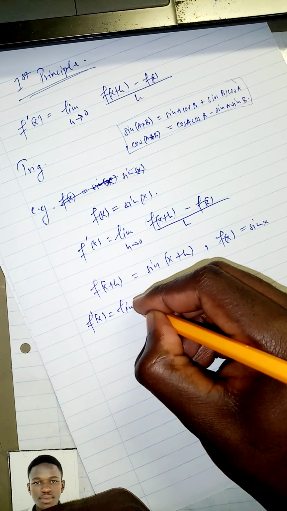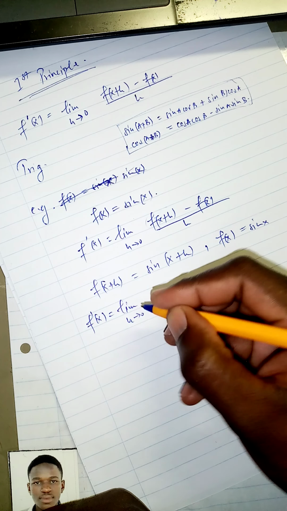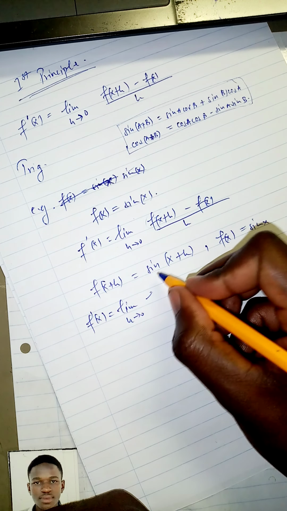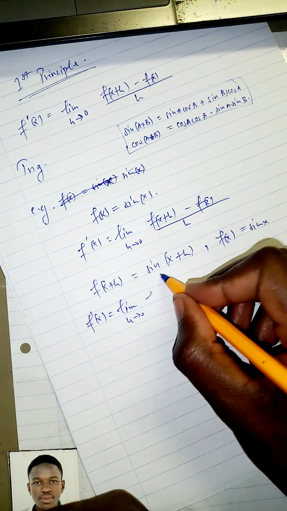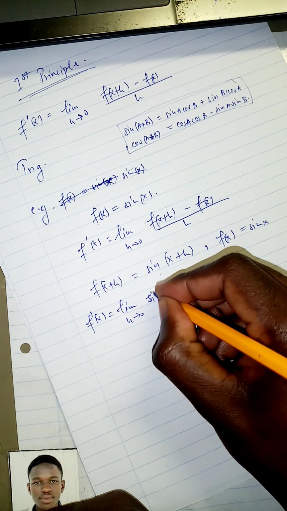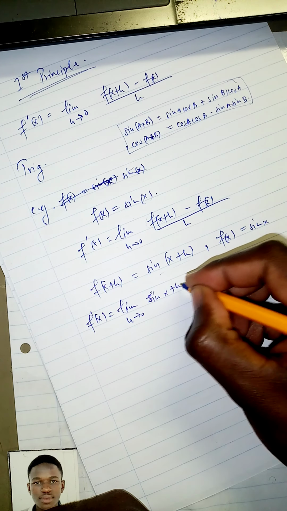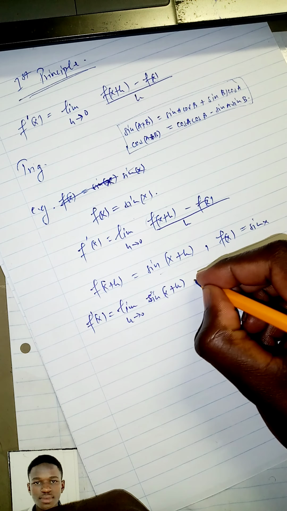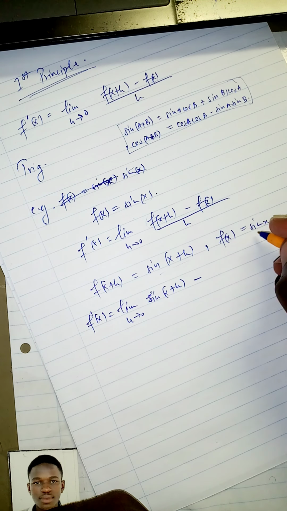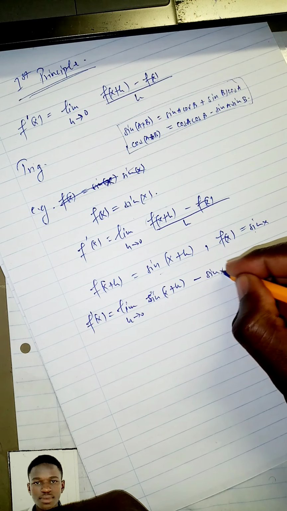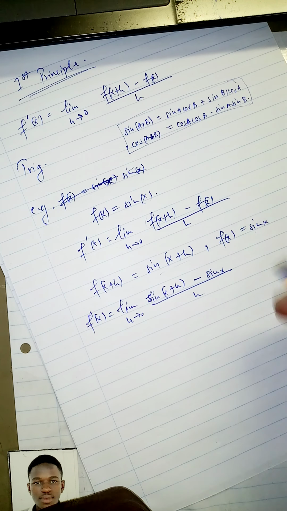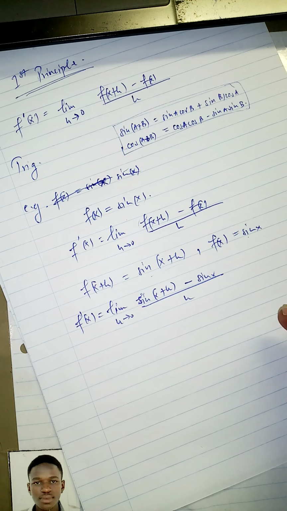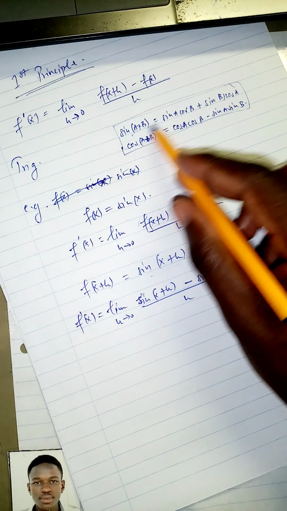That is the limit as h goes to 0 of f of x plus h, which is sine of x plus h, minus f of x, which is sine x, everything over h.